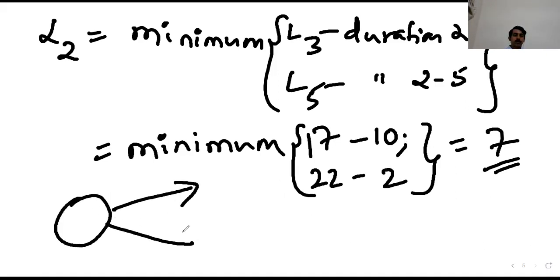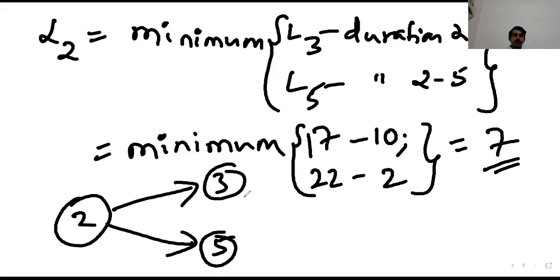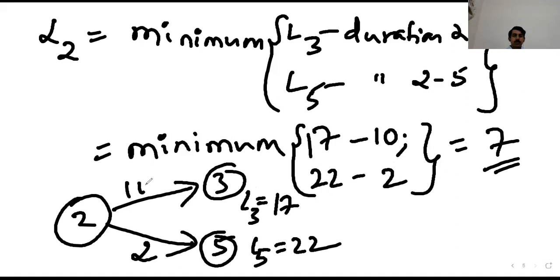Diagrammatically, if it has to be represented here, this is 3, this is 5, L3 is 17, L5 is 20. Okay, so these are the different values.